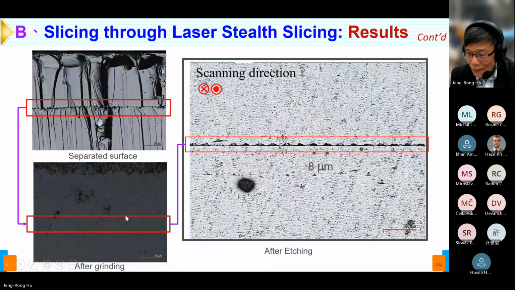And for better observation, we etched the surface in KOH solution. Then we can see very clear laser slice layers. And the pitch of each laser scribing, in this case, we take 8 micrometers.